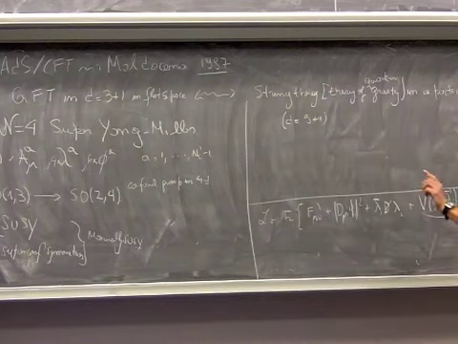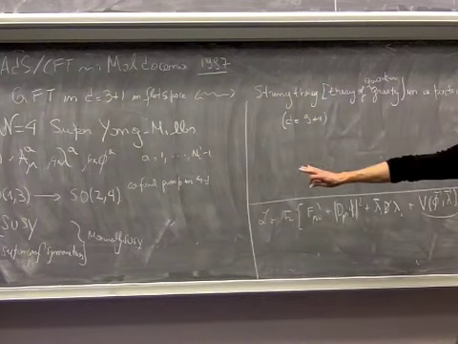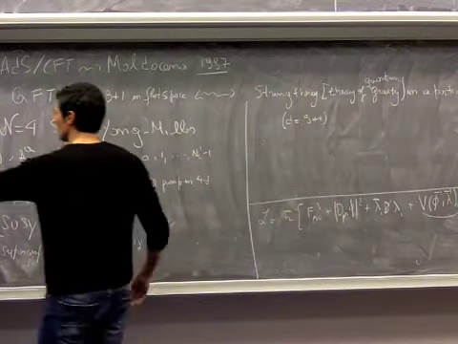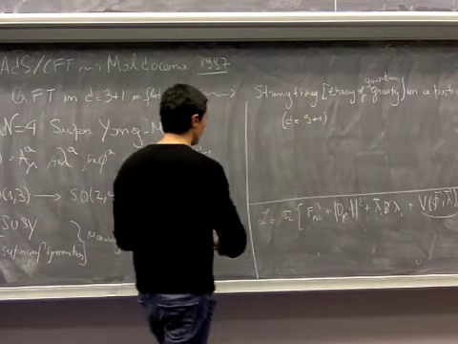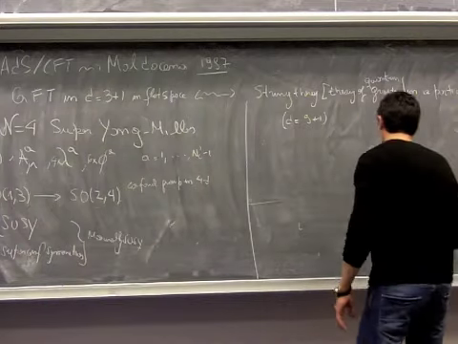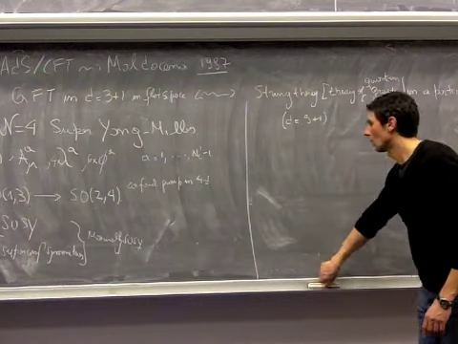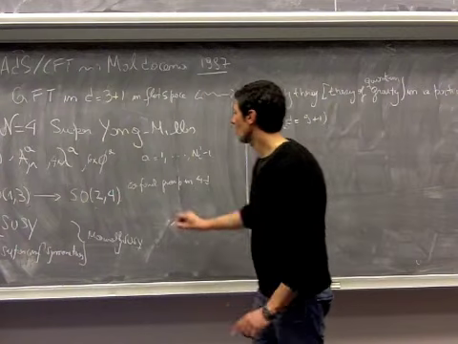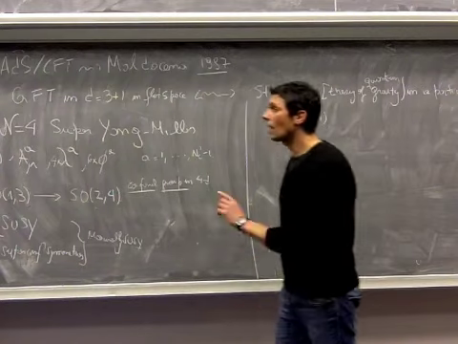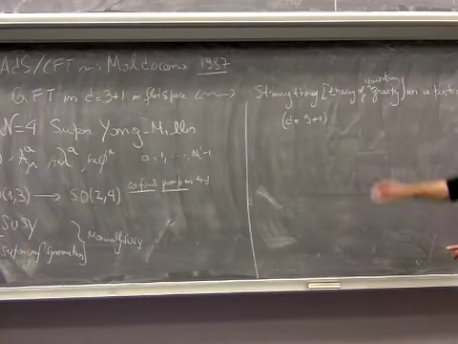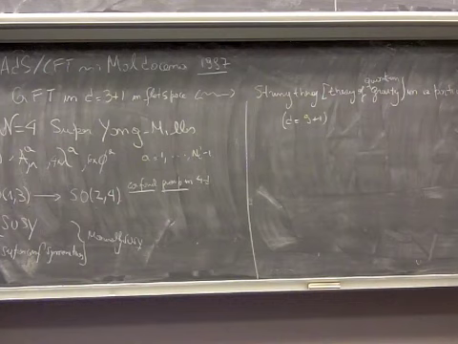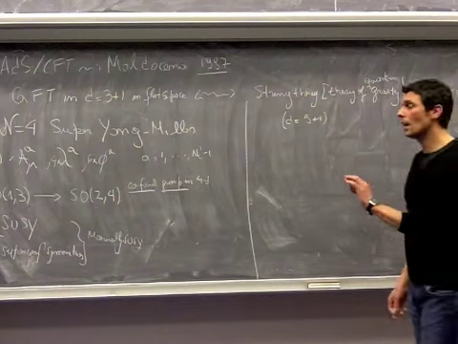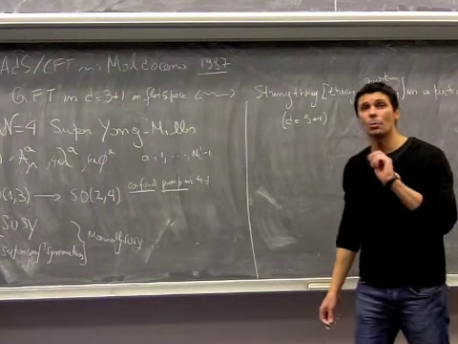The point I would like to emphasize about this side of the description, let me erase this Lagrangian, is that this is a conformal theory. Unlike QCD, unlike these examples of super QCD, or unlike quantum electrodynamics, this field theory has a gauge coupling that does not change with energy.